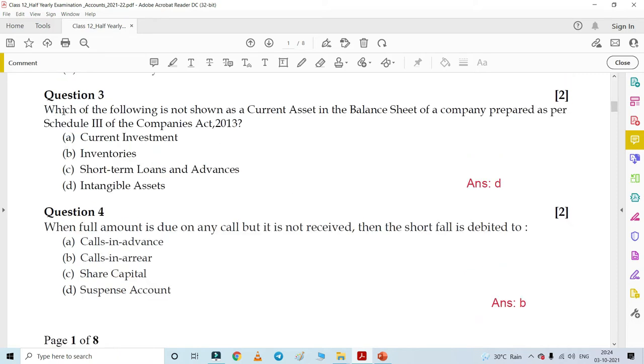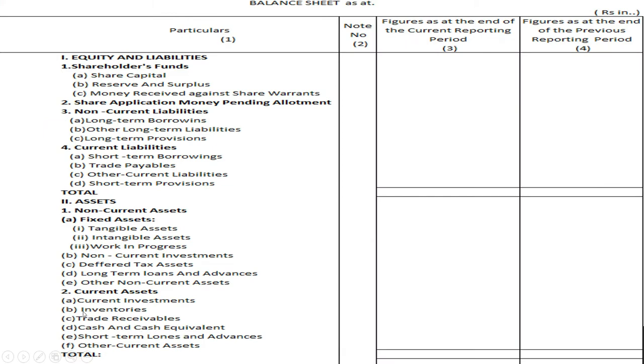The third one: which of the following is not shown in current assets in the balance sheet of a company prepared as per Schedule 3 of the Companies Act 2013? Is it current investment, inventories, short-term loans and advances, or intangible asset? As you know, in the balance sheet of Schedule 3, under the head current assets, the items which come are current investment, inventories, trade receivables, cash and cash equivalent, short-term loans and advances, and other current assets.